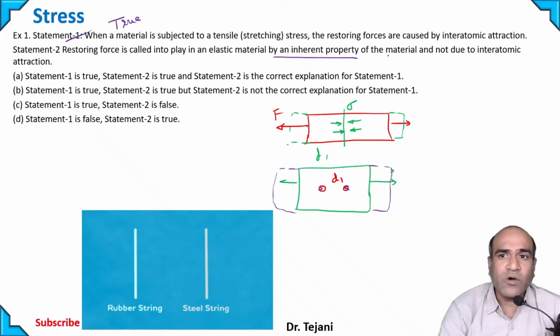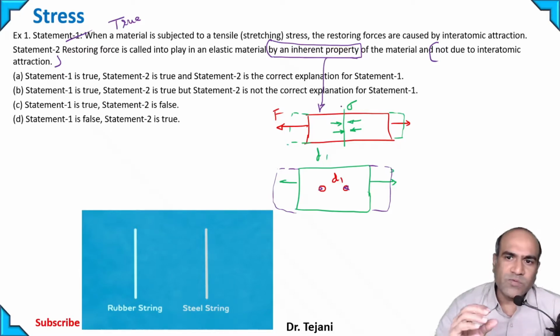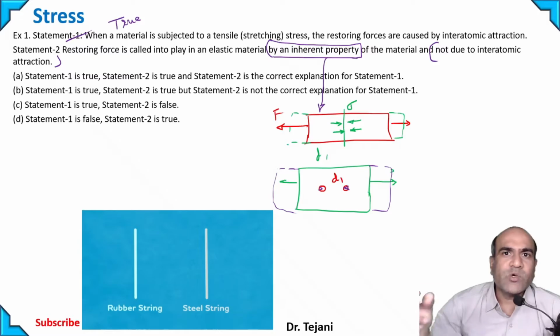It is mentioned of the material and not due to interatomic attraction. We know that there is some cause behind a property. What is the cause behind this property? If temperature flows from one point to another, we cannot say that it has a property to move temperature from one point to another.